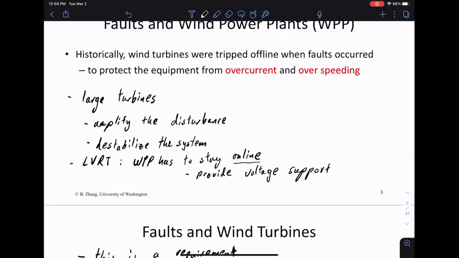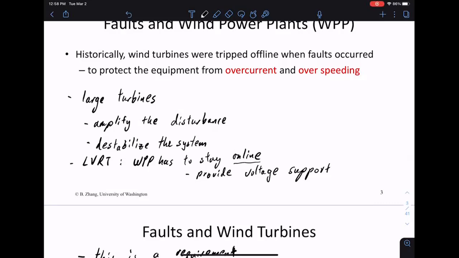Right, so if you look at all the calculations we did before, we're basically computing how much energy you have to get rid of in tens of milliseconds. Okay, so requiring a turbine, we said low voltage ride through. The ride through is actually not super long, because you cannot keep generating mechanical power and think that you can always dump the power somewhere, right?